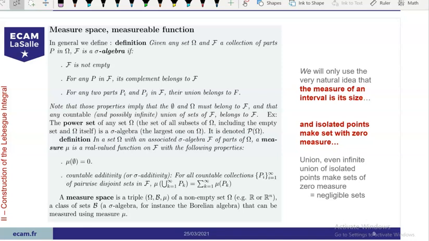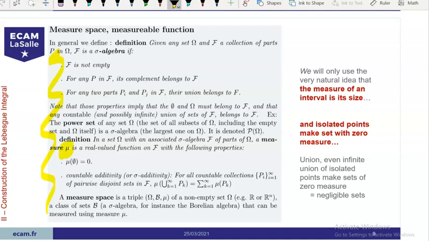These are some definitions that you can take some time to read. For the sets that we are going to measure, we want to have a few things. We're going to define the measure. It's usually denoted with a mu.